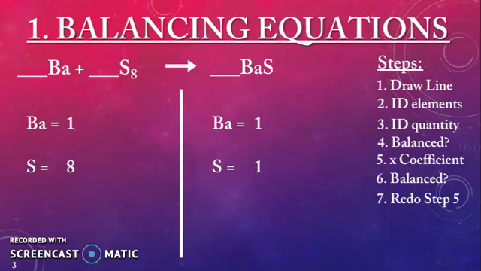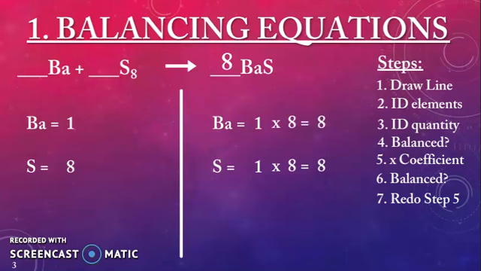So we're going to have 1 sulfur on the product side and 8 on the reactant side. So I need to change the coefficient and multiply the sulfur by 8. I'm going to take the 8 down here, and then I'm going to put an 8 up into our chemical equation. Now that 8 is also associated with the sulfur, but as well it's going to be associated with the barium.